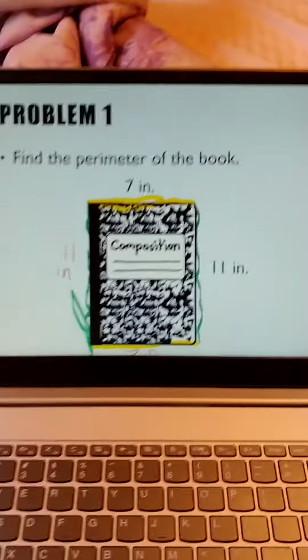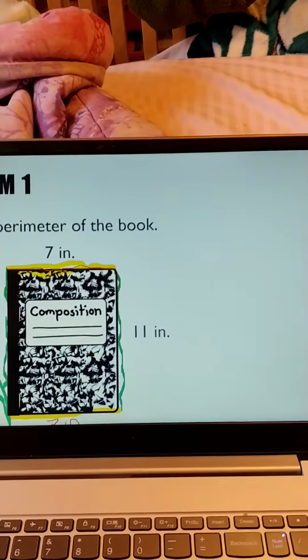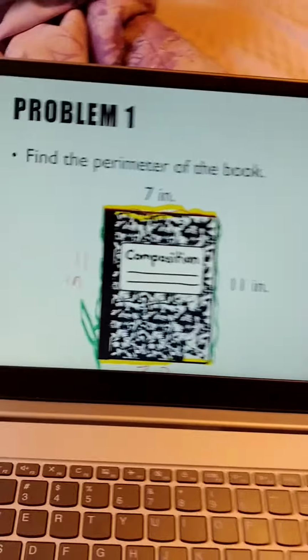Now to find the perimeter, or the measurement around the book, we have to add all of this together.